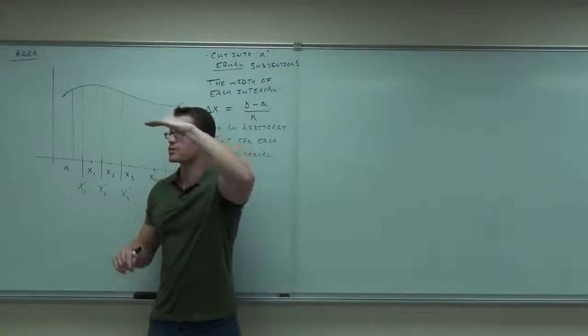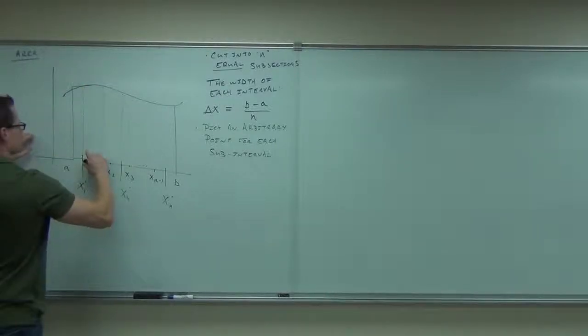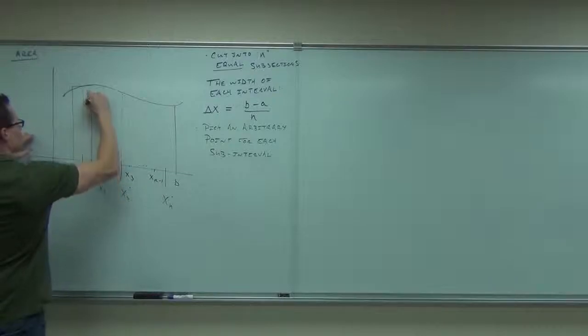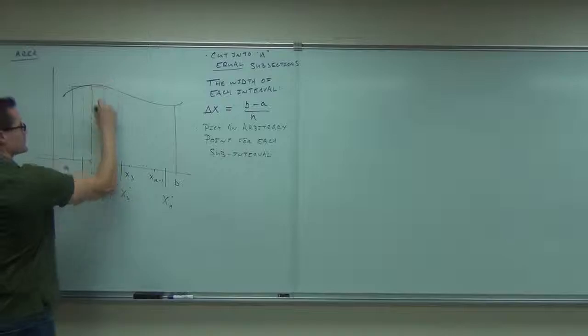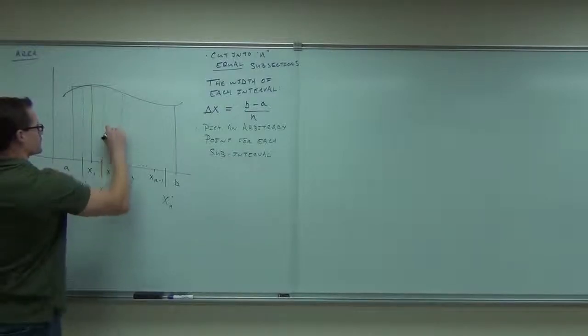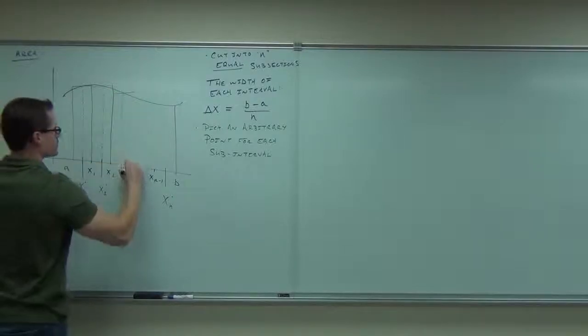You build your rectangle around that. So you go, okay, that's going to be the height of my rectangle. My next rectangle is going to have this height. My next rectangle is going to have this height.